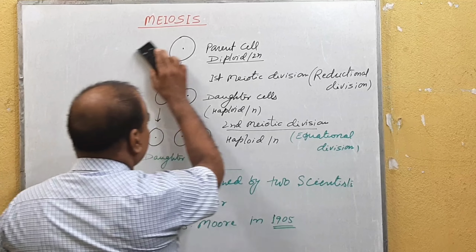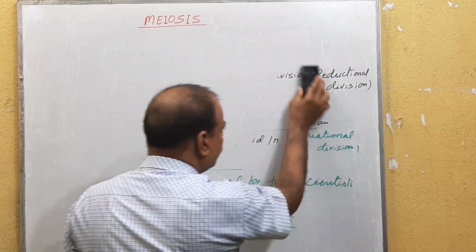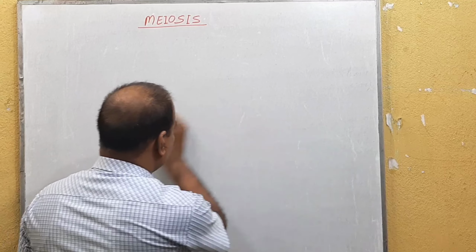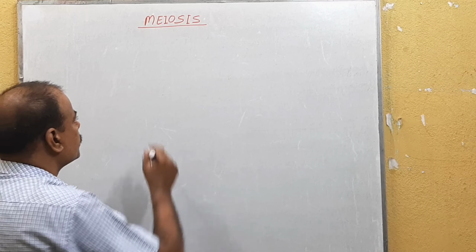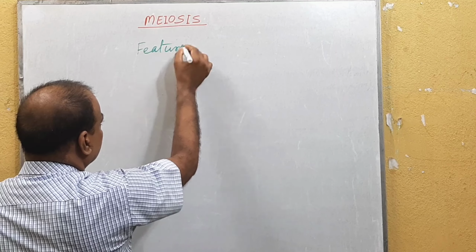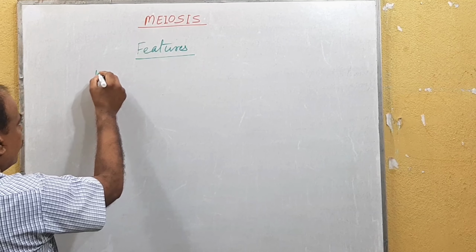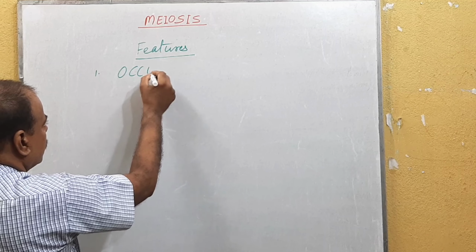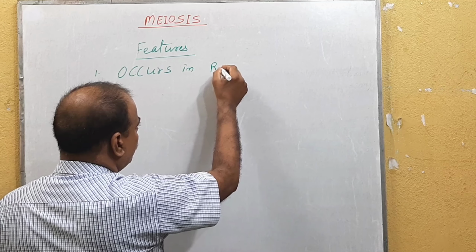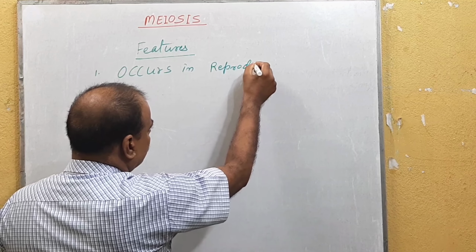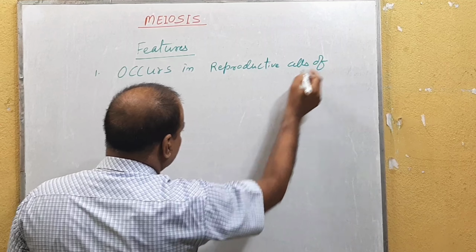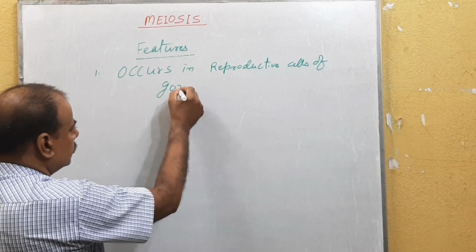Now, the important features of meiosis cell division. Number 1, it occurs in reproductive cells of gonads.